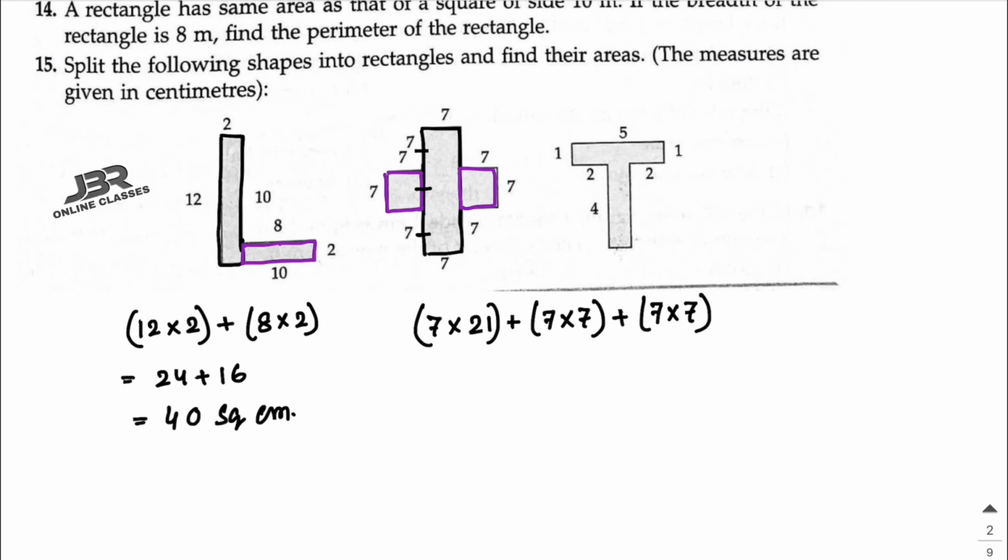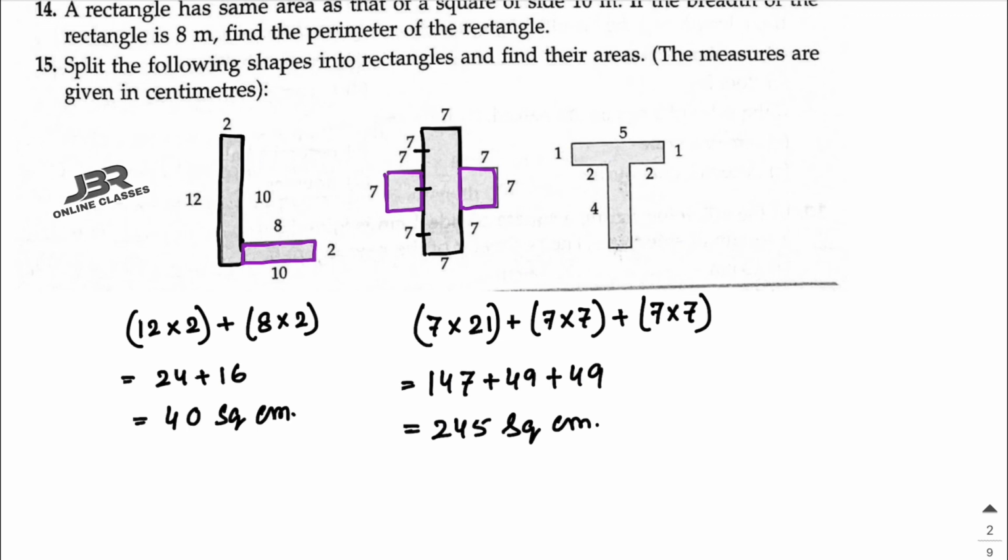The area of the black portion will be 7 into 21, and the purple portions are squares, so 7 into 7. That means 147, it's 49 and then again 49. So 49 plus 49 is 98 and then 147, it's 245. So 245 square centimeter, that is your answer.